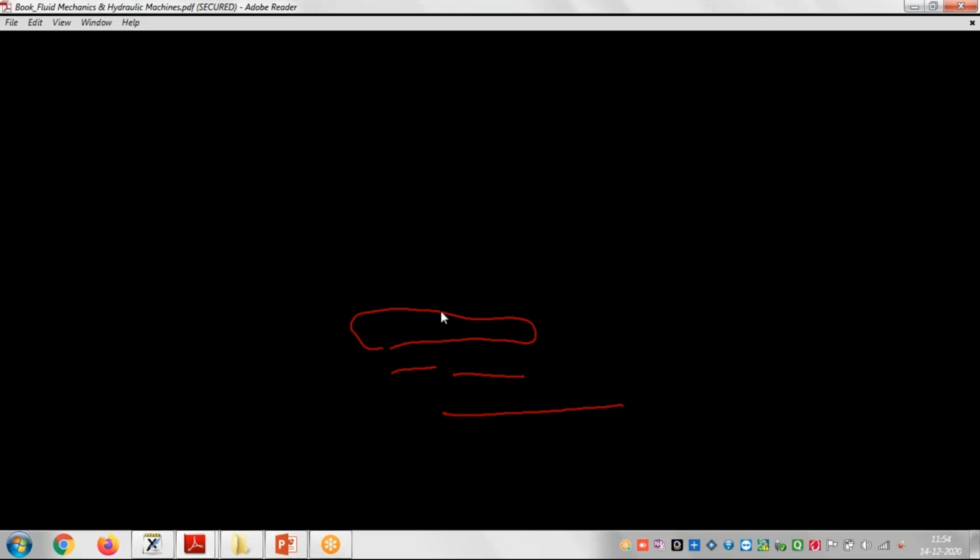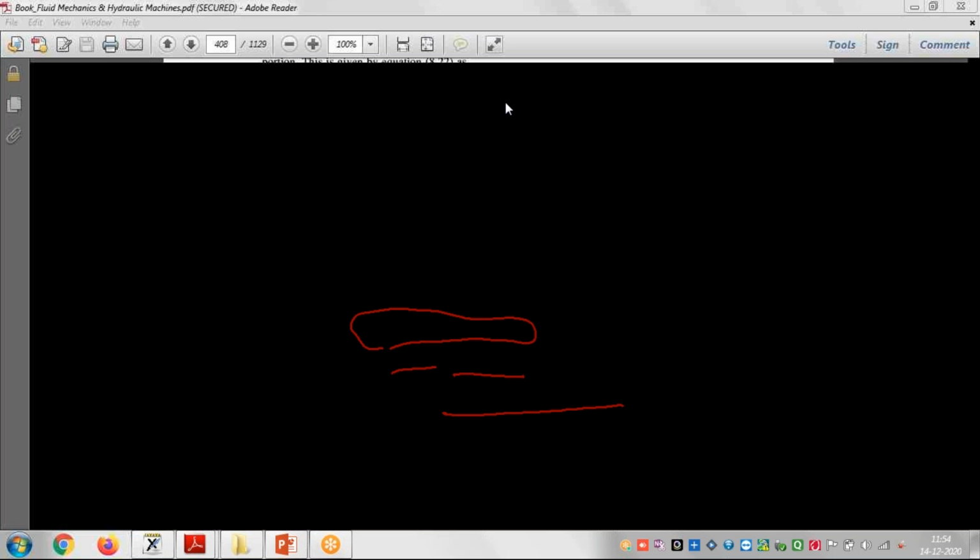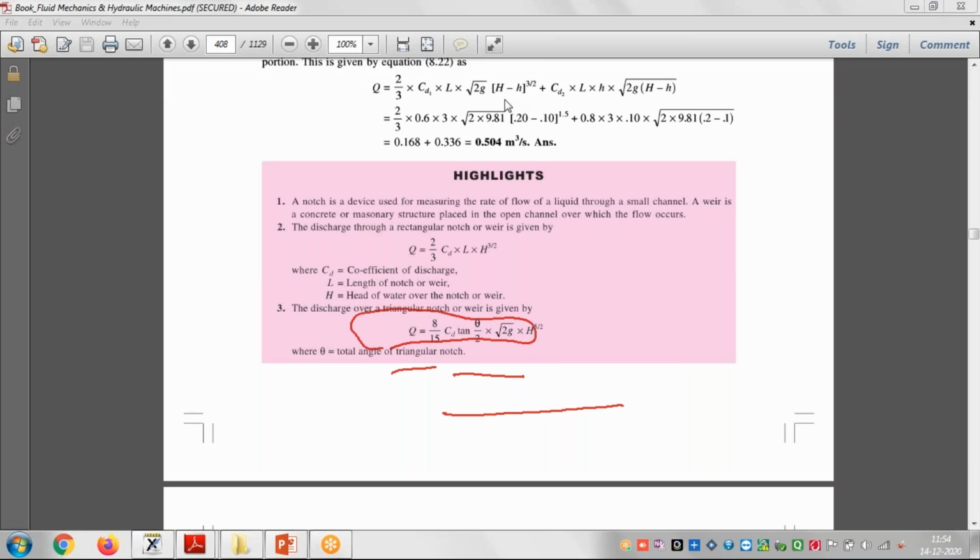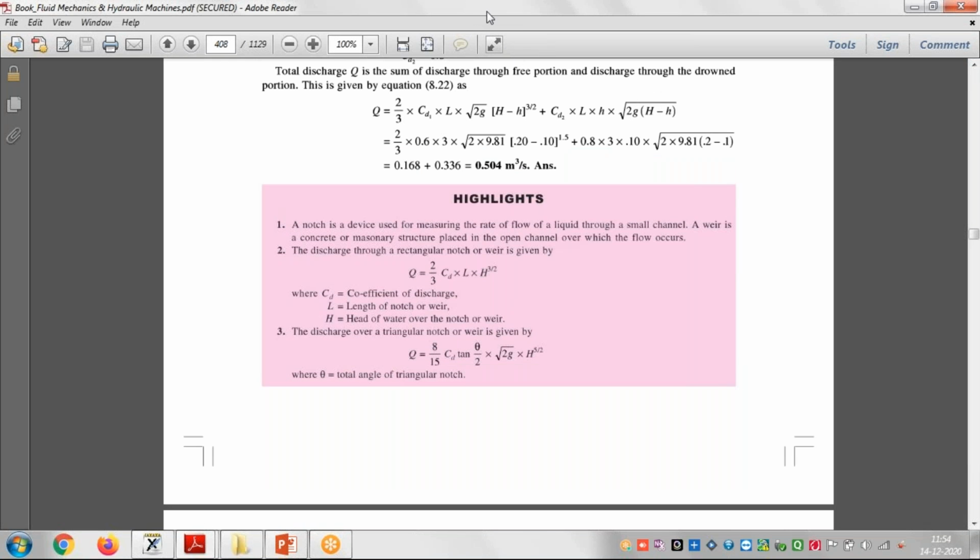Again we have to go to fluid mechanics and see what exactly this is. If you see, there are different types of channels. For example, a river is flowing, and we make some artificial channel.